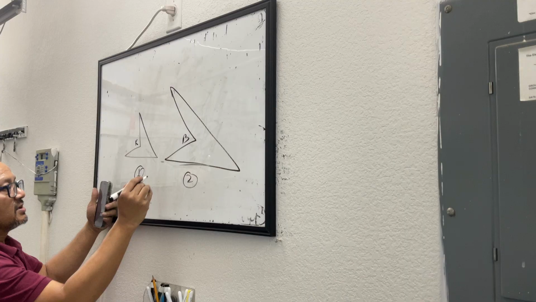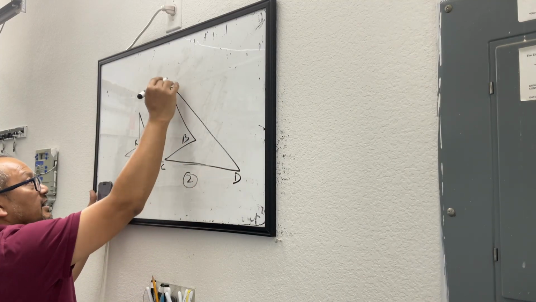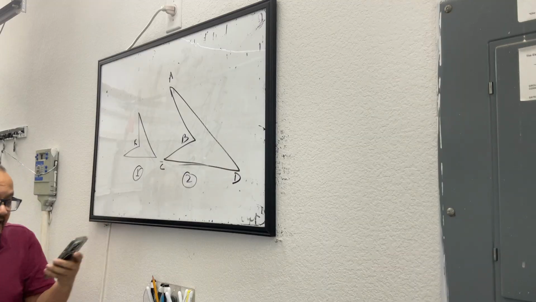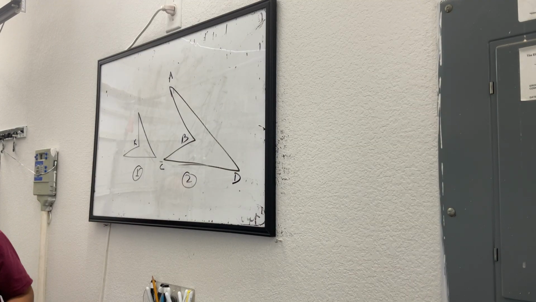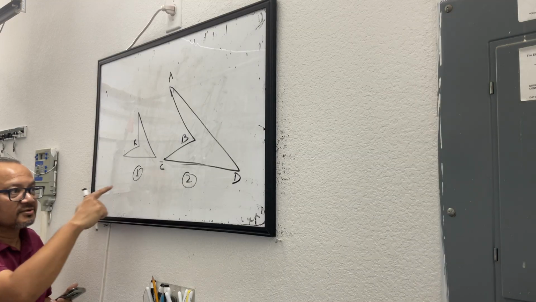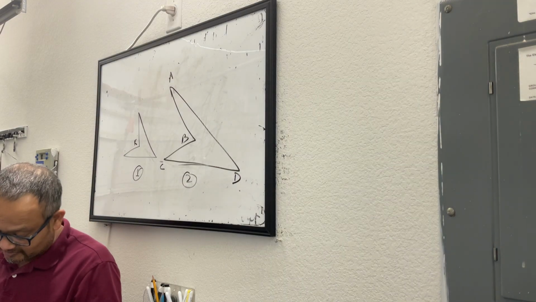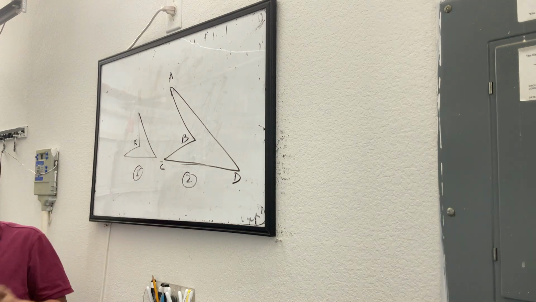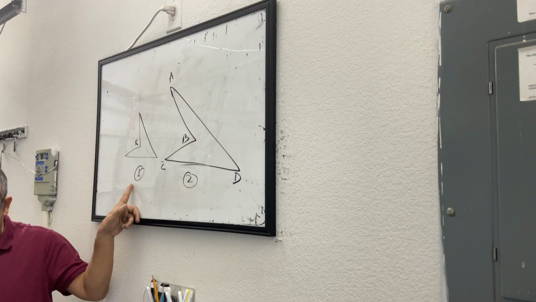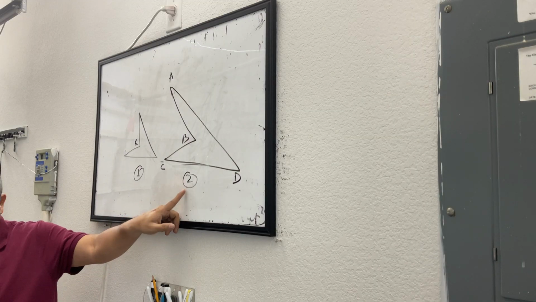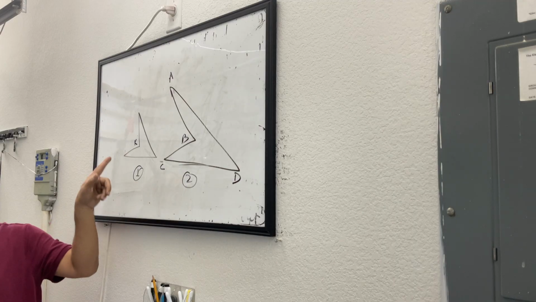This is C, D and A. It says identify the point in figure 2 that corresponds to the point K in figure 1. Carefully listen to me. I'll repeat. Identify the point in figure 2 which corresponds to point K in figure 1.